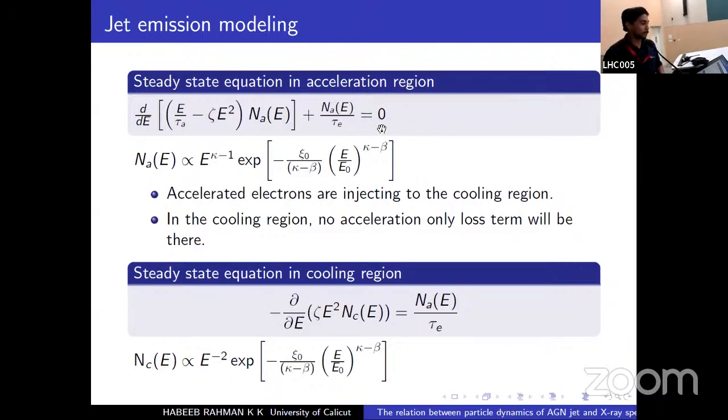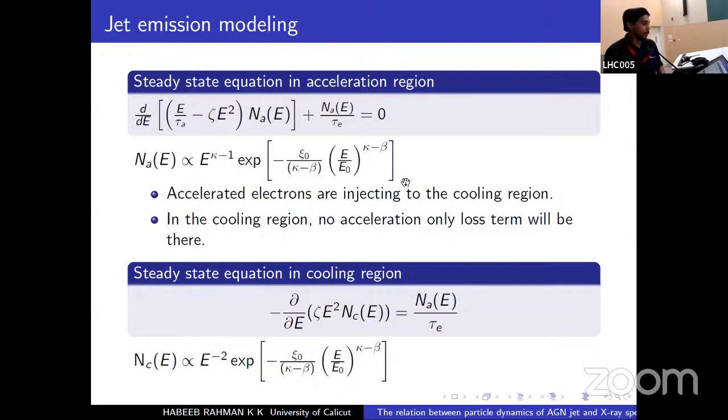The remaining things are here. This is the steady state equation for the acceleration region. By solving this equation, we get the electron spectrum in the acceleration region like this, where zeta 0 is the ratio of TA by TE at energy equal to E0.